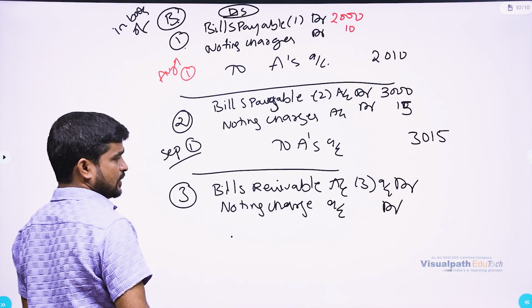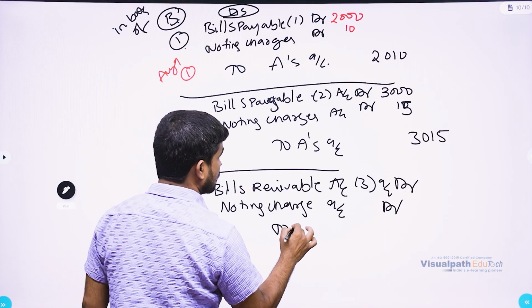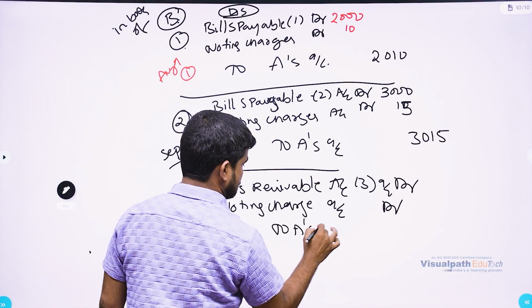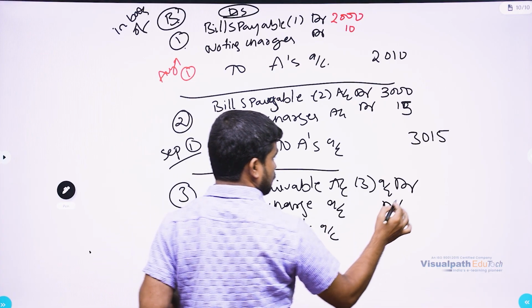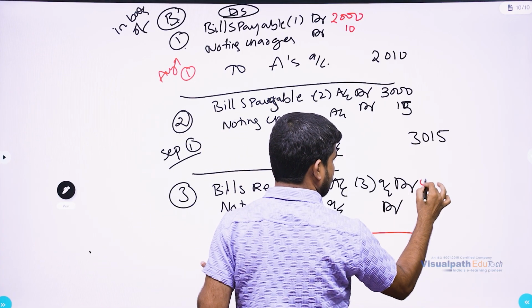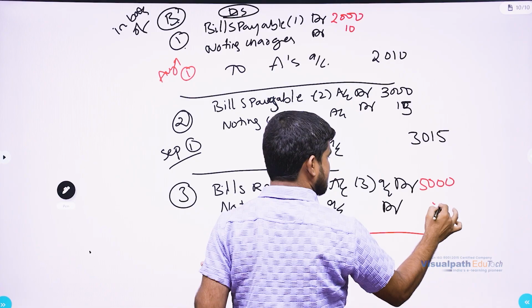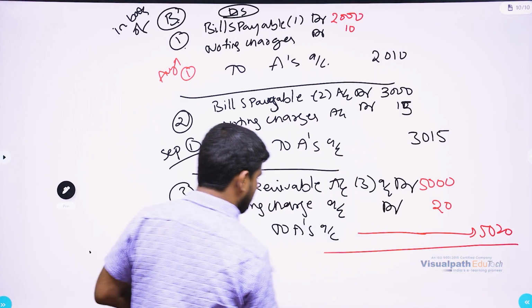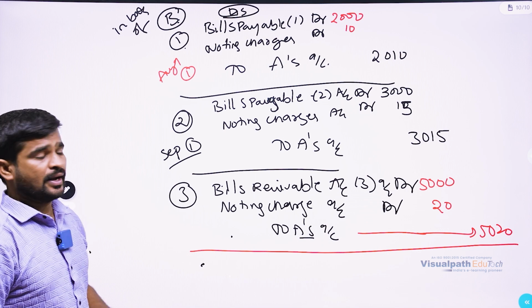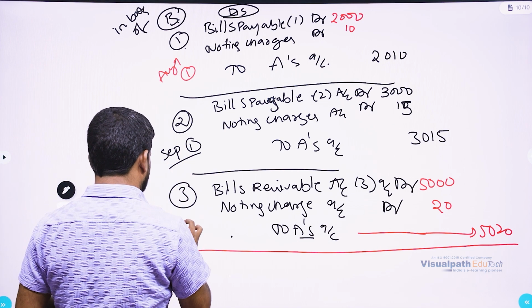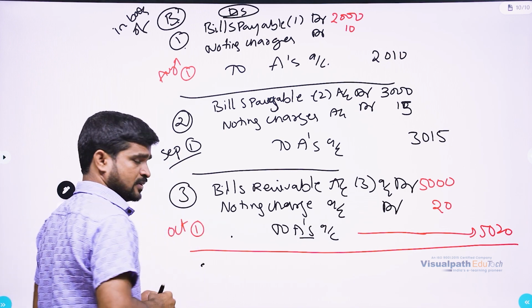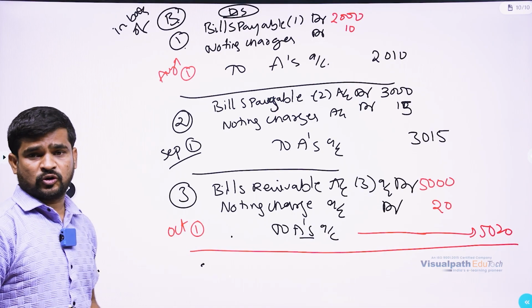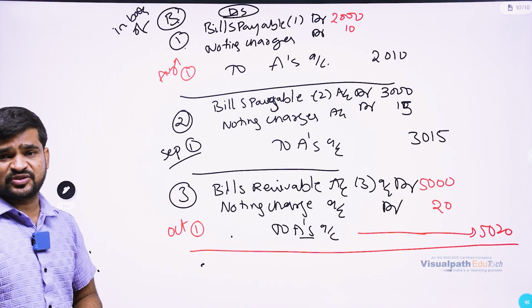So noting charges account debtor, and to what should we write? A's account, where the total bill amount is 5000 and the noting charges is 20, and total 5020 rupees is payable to A. This will happen on October 1st, because of the 3 months maturity time period.